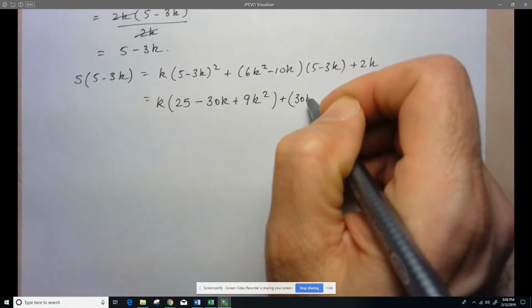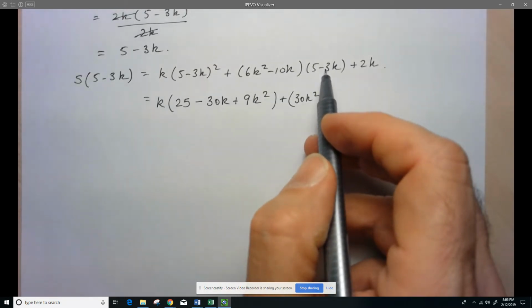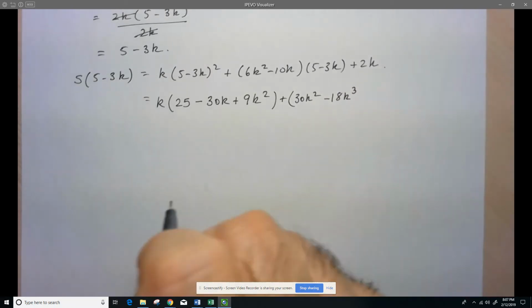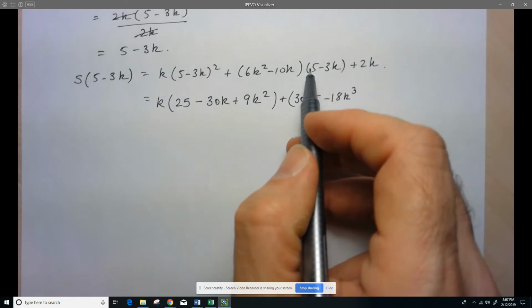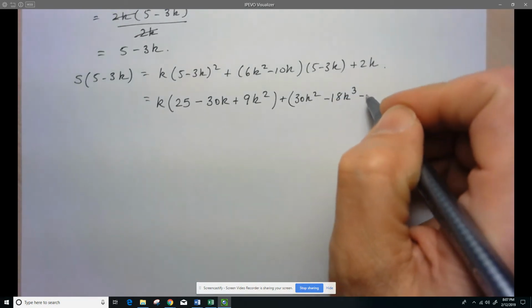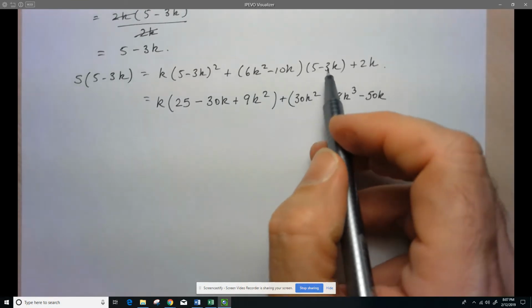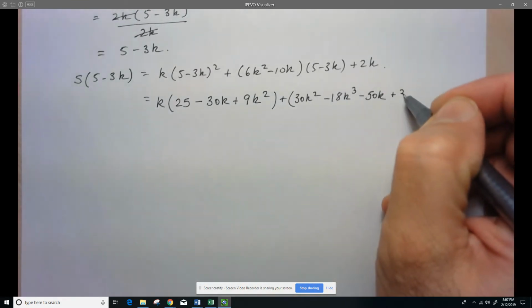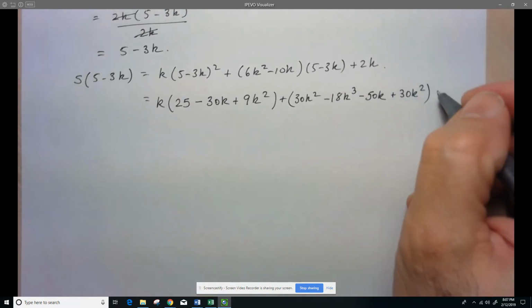So that's 30k squared. 6k squared times negative 3k. So that's going to be minus 18k cubed. All right. And then we have negative 10k times 5, so that's minus 50k. And then we have negative 10k times negative 3k, so that's plus 30k squared. And then finally we have plus 2k.